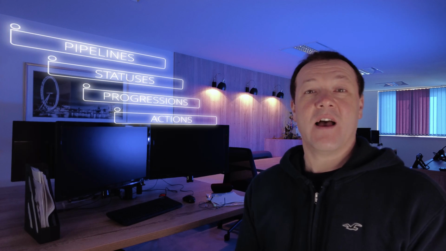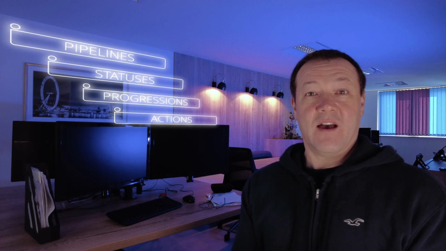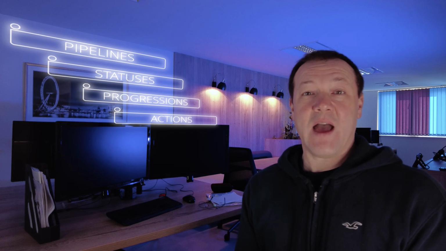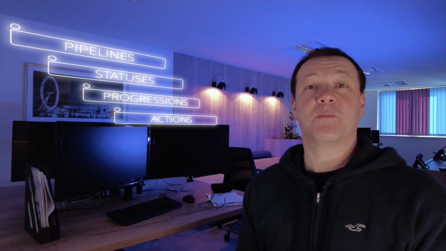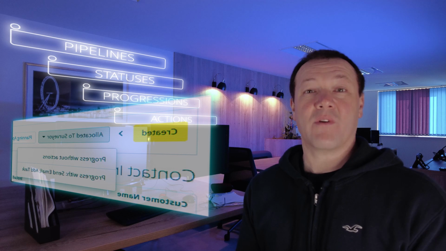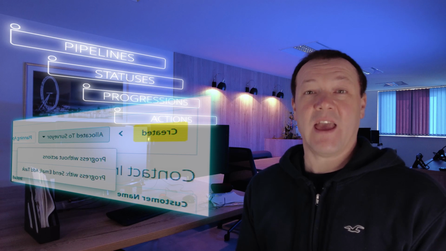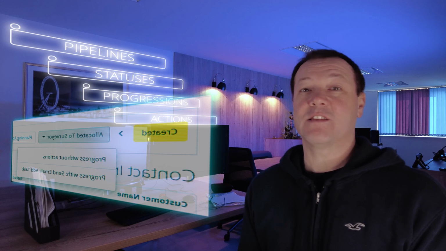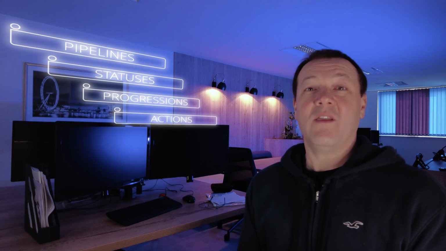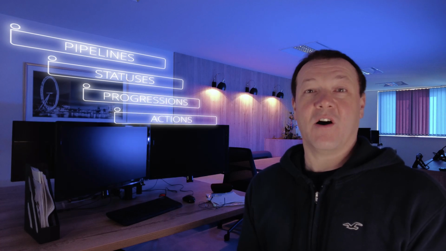You might choose that when I've gone to a specific status, then at that point I want a task to be created. So the system can prompt your user to create that task or add a specific note. All of this comes off the back of progressions.